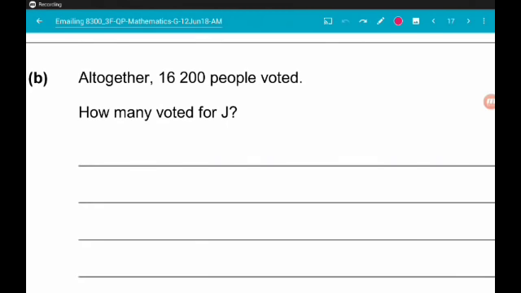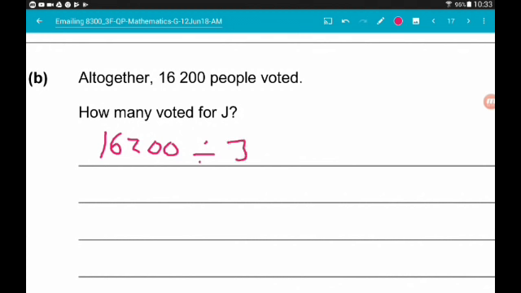And then for part B, we're told 16,200 people voted, and we want to work out how many people voted for J. So the first thing we need to do here is work out how many people are represented by each 1 degree. So to do that, we divide the total number of people, 16,200, by the total number of degrees in the pie chart.